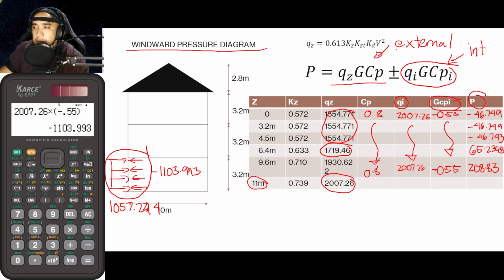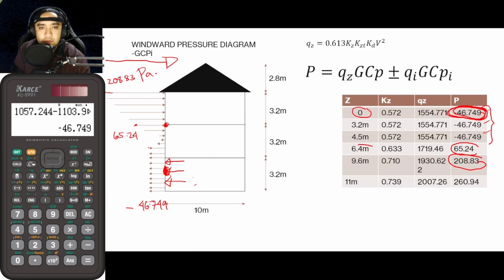And from that we could actually solve for the resultant. So for the resultant, guys, that is 1057.244 minus 1103.993. So from that, the resultant is negative 46.749. So meaning that in this figure here, this is already the resultant.